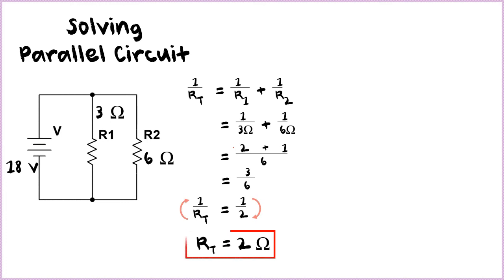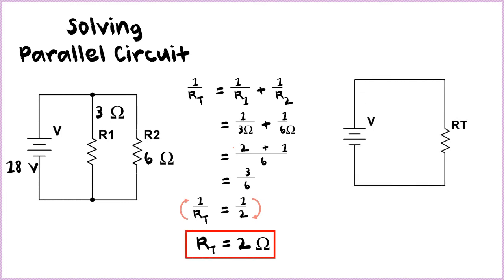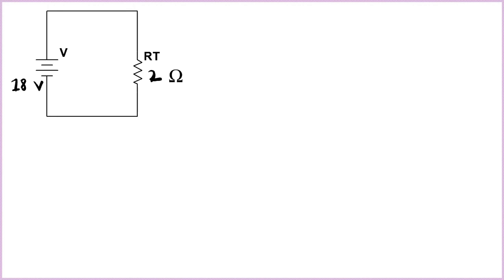Again, we would redraw our circuit to a simple circuit, having a single voltage and a single resistance RT. So redrawing our circuit with a single voltage, which is 18 volts, and our total resistance, which is now 2 ohms.